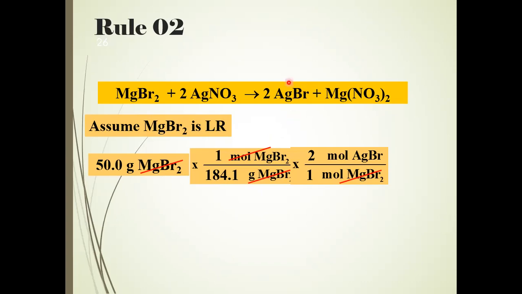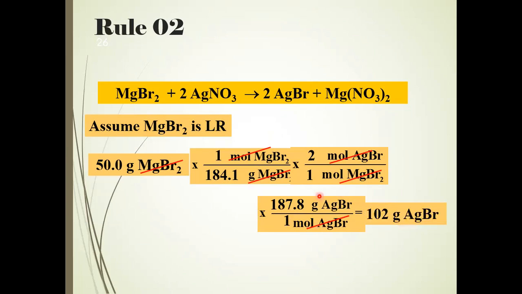We are focusing on one product, silver bromide, so we ignore the other product. We know that 1 mole of silver bromide is 187.8 gram. After simplification, this produces 102 gram of silver bromide.